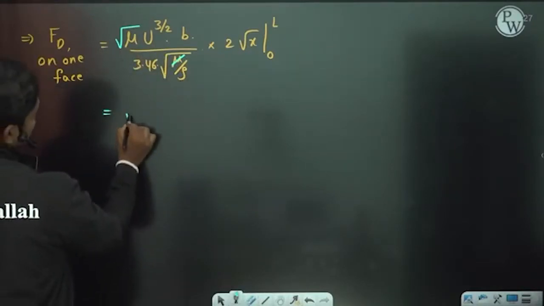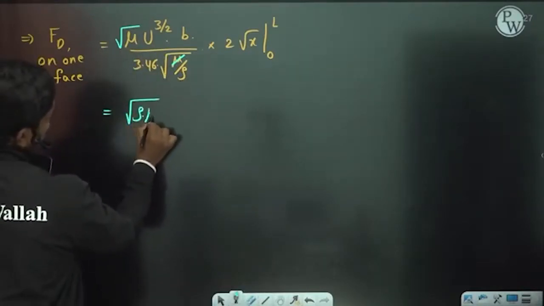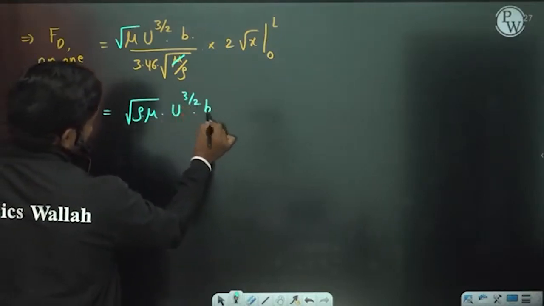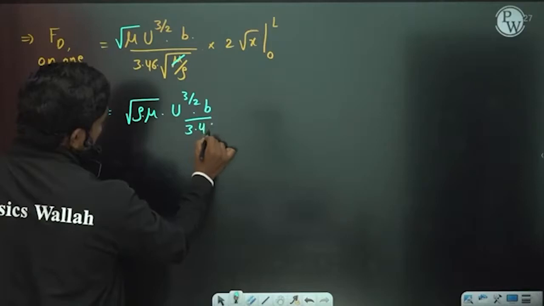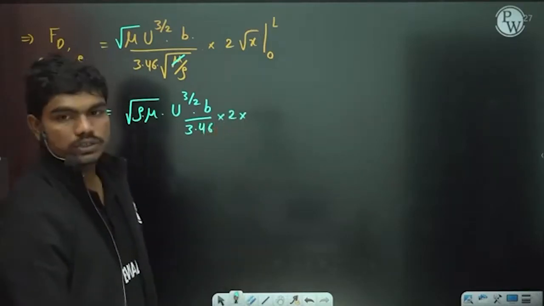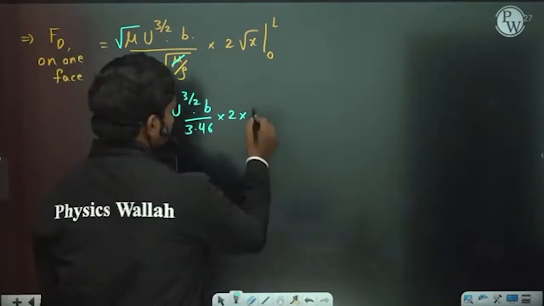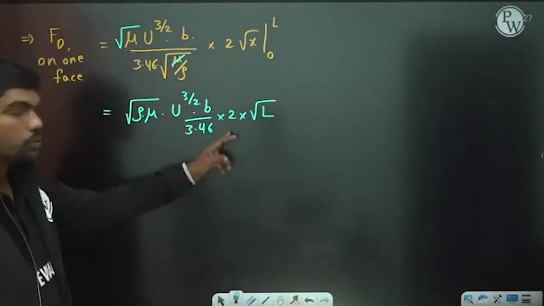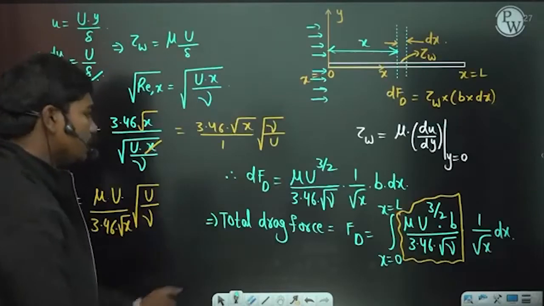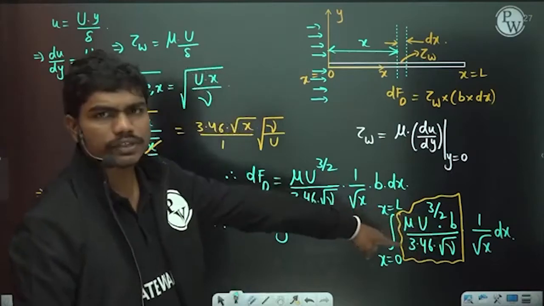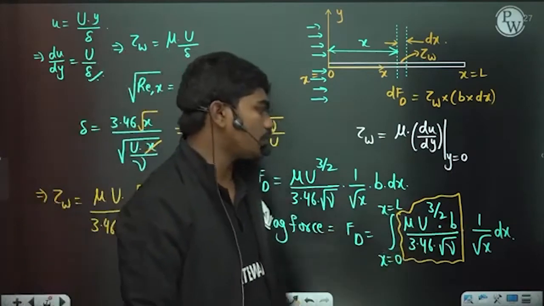So this is equal to square root of rho into mu into U^(3/2) into b by 3.46 times 2 times square root of x, correct? Square root of L, that's it. The length of the plate is known to you. This integration is known to you, because differentiation of root x is 1 by 2 root x.